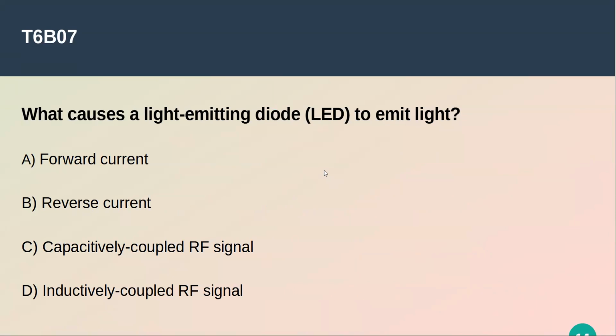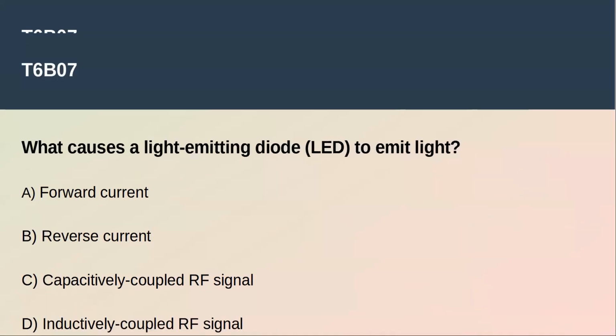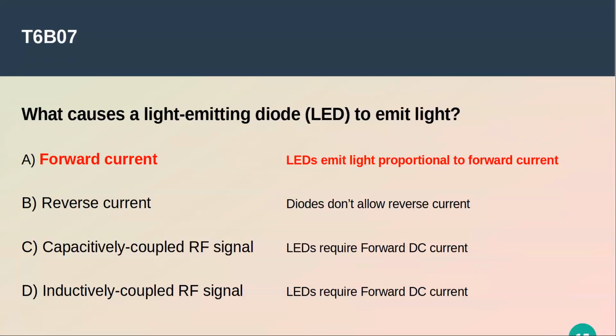What causes a light emitting diode to emit light? You have to have the current flow of the free electrons to recombine and give off their energy to create light. Reverse current? They do not allow reverse current, or at least a minimal amount.